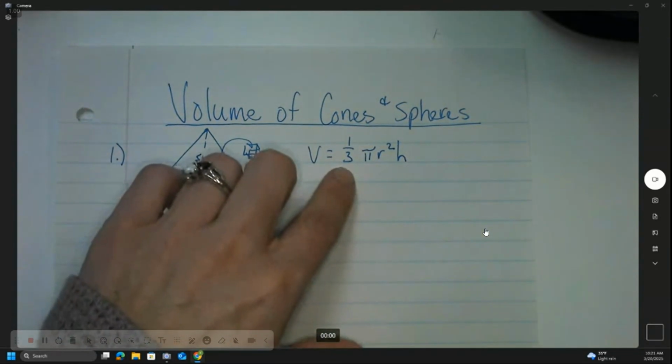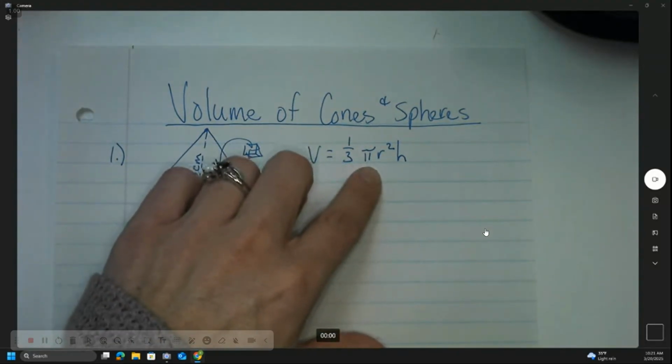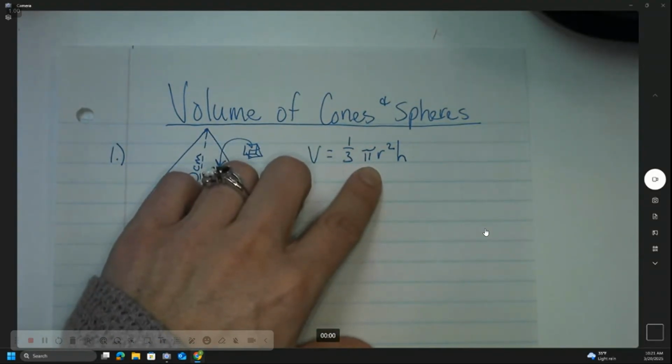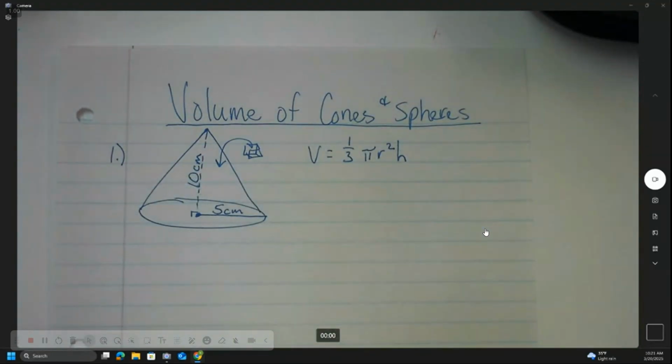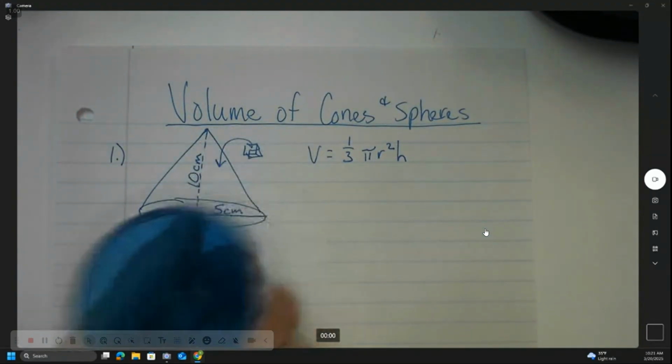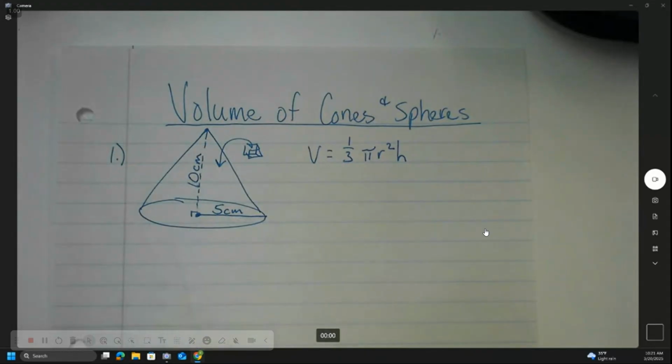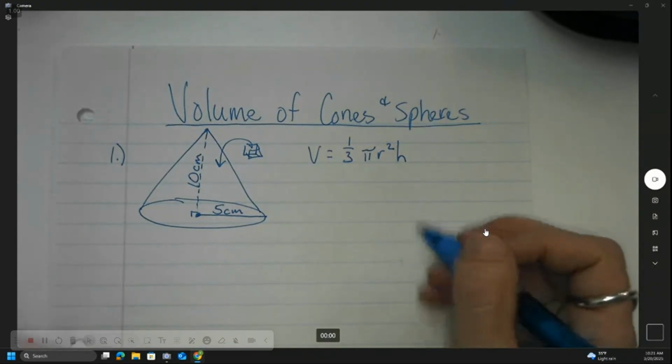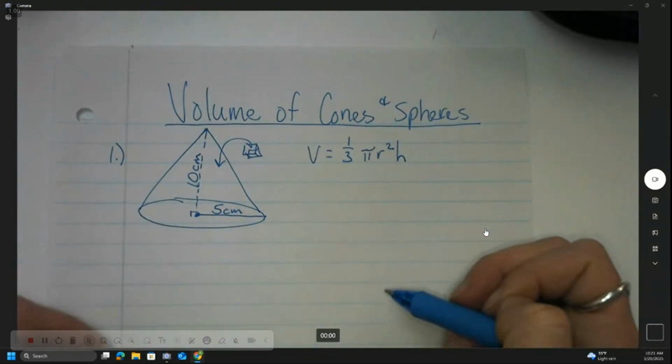You still use that, but this time with the area of a circle, because your cone base is a circle. Then multiply it by the height of the whole cone. Let's use substitution. If you need to, pause and rewind what I just mentioned about why that formula works and why these components make up the formula.